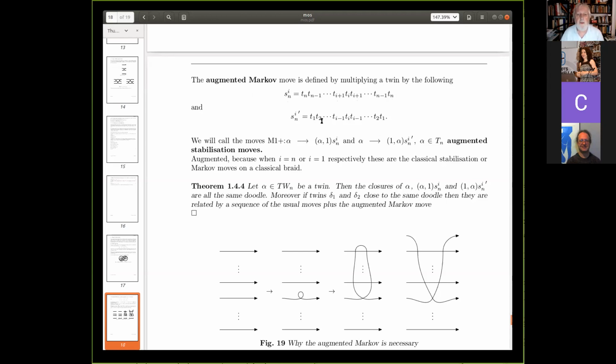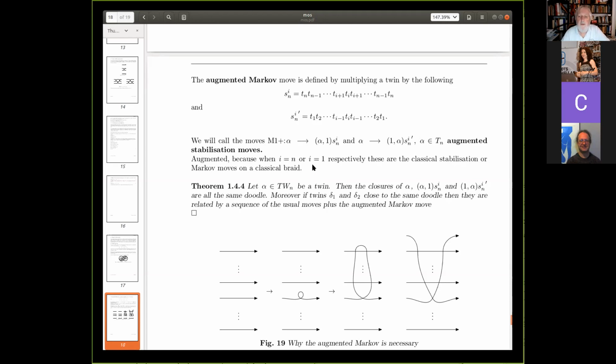And this one is t1 up to ti and then all the way down again. If we multiply this on the right or the left, these are called augmented stabilization moves. And it's augmented because when i equals n or i equals 1, these are the classical stabilization or Markov moves on a classical braid.